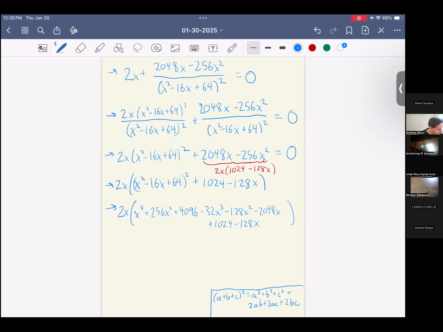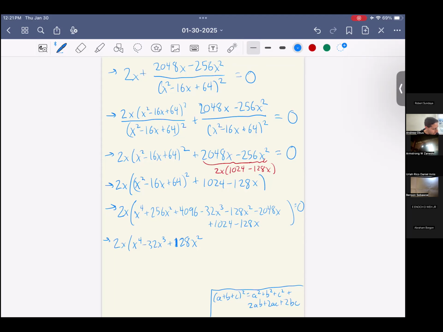Ooh, this is awful. Okay, and this all equals 0. A little worried that there was a mistake made here somewhere. This is looking pretty bad, but let's just keep going. Let's just collect everything. So we're going to get x to the 4th minus 32x cubed. What's the squareds? We have plus 256 minus 128, so plus 128x squared.